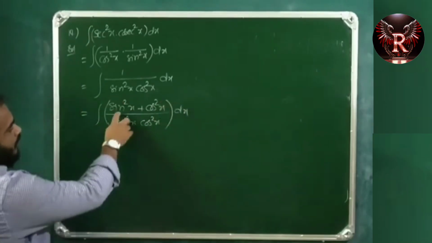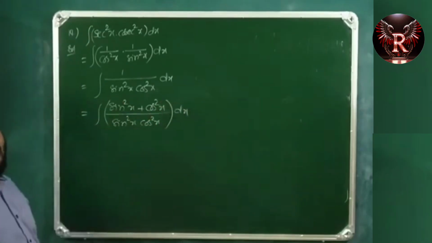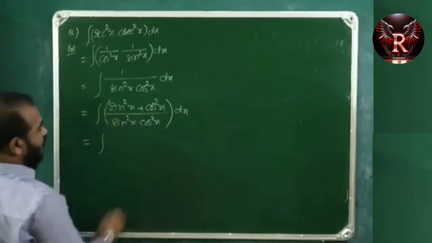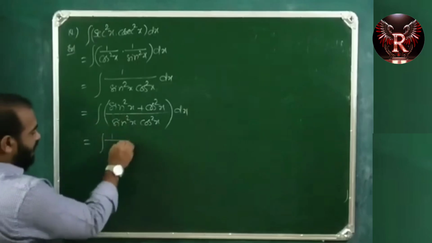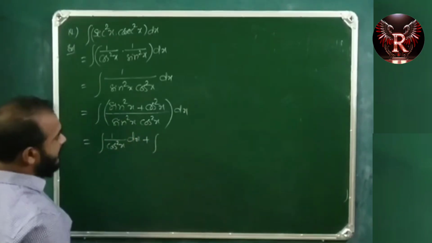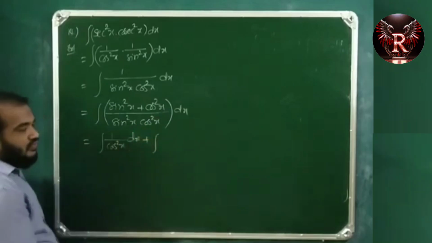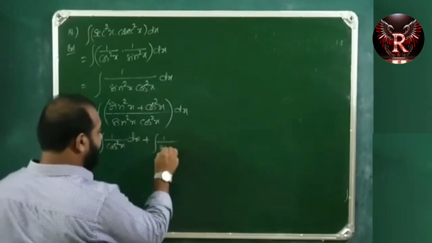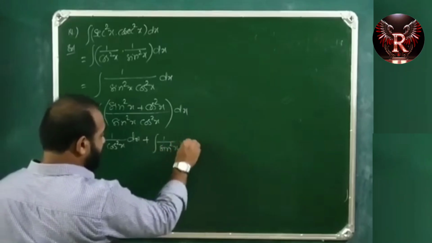Now this is of the form (a plus b) by c equals a by c plus b by c. Sin square x by sin square x into cos square x: these two get cancelled, we are left with 1 by cos square x dx. Similarly, cos square x by sin square x into cos square x: cos square x gets cancelled, 1 by sin square x dx.